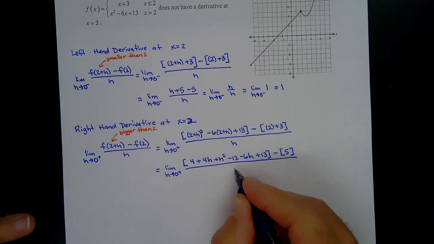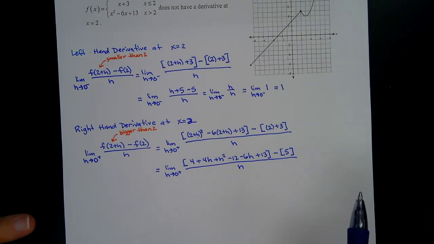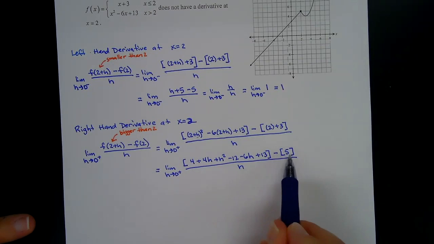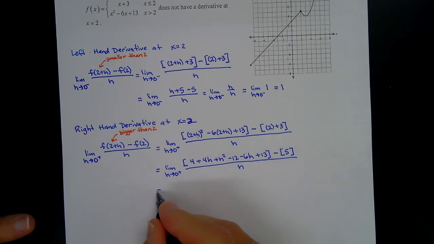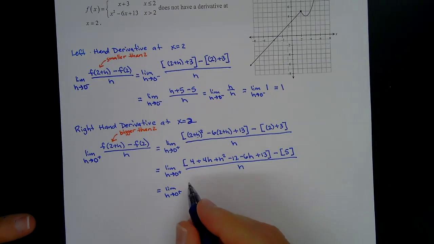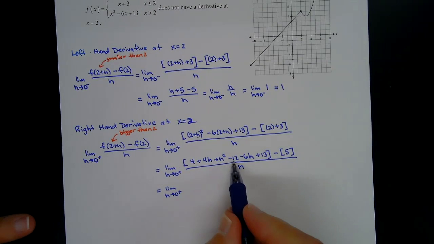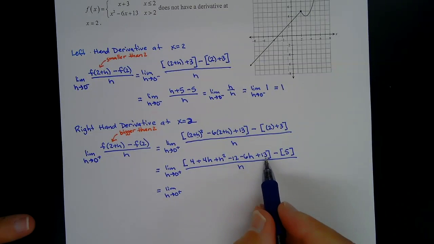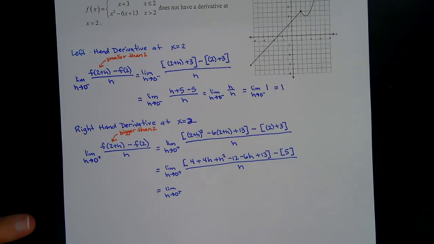All over h. I honestly think it's going to be easier if we clean this up before we mess with the minus 5. So this is equal to the limit as h approaches 0 from the right of, 4 minus 12, which would be negative 8, and then negative 8 plus the 13 would give you 5.